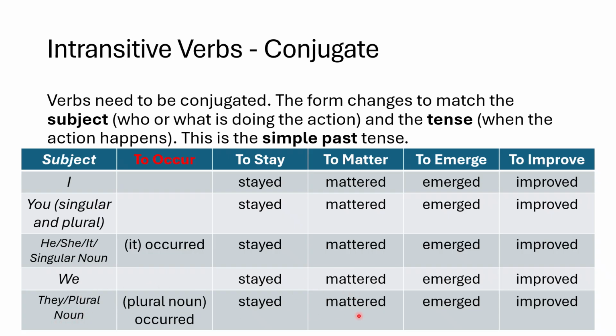They mattered. I emerged. You emerged. He emerged. She emerged. It emerged. We emerged. They emerged. I improved. You improved. He improved. She improved. It improved. We improved. They improved.